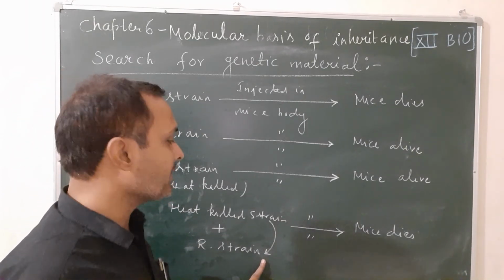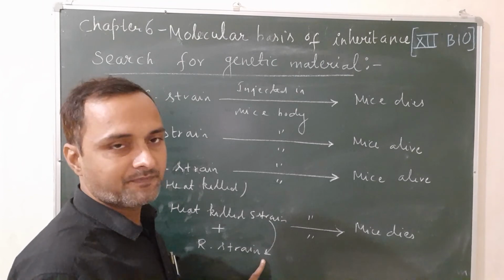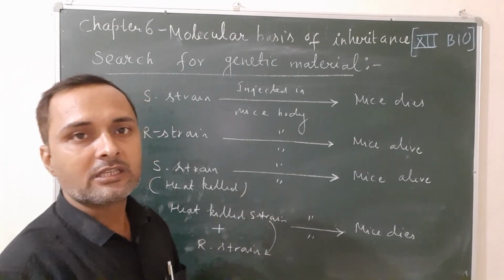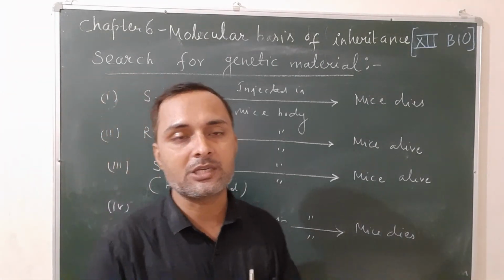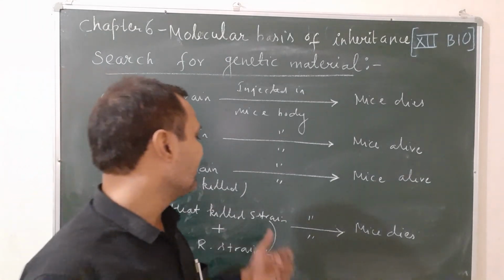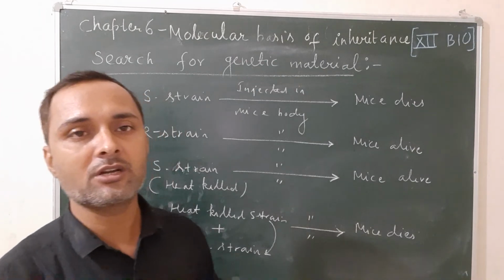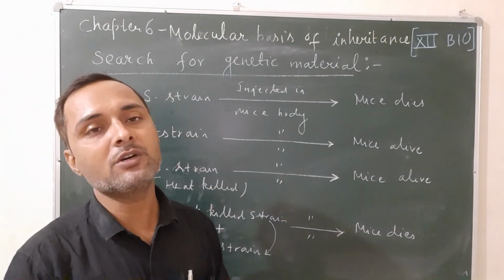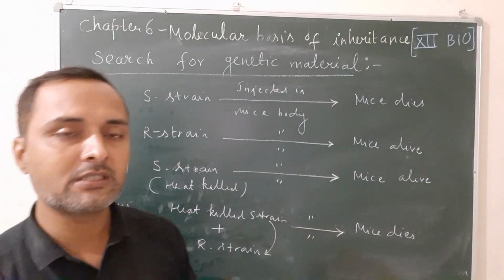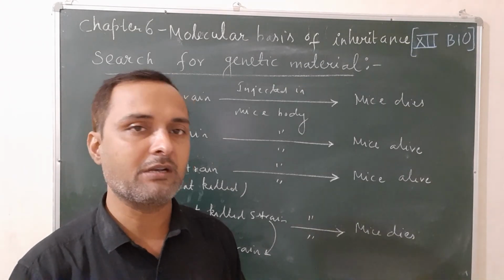As a result, they became pathogenic and the mice died. But Griffith was unable to find out which chemical substance was responsible for the conversion of R into S, and he named that chemical substance the transforming principle.